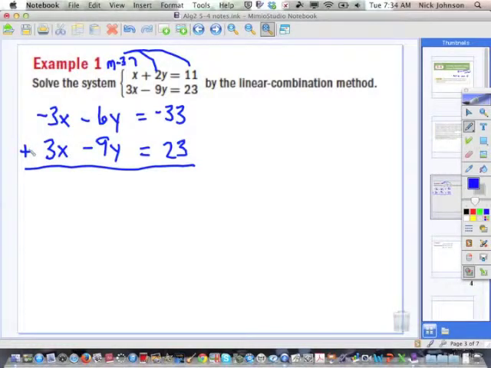Well, a negative 3x and a positive 3x is 0. A negative 6y and a negative 9y is a negative 15y. A negative 33 and a positive 23 is a negative 10.